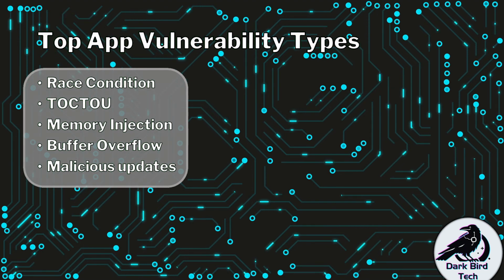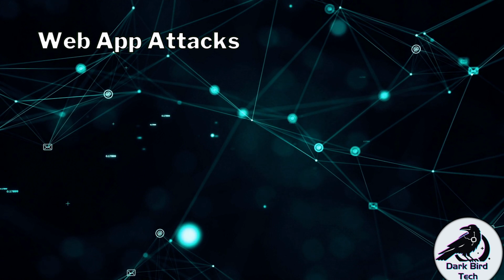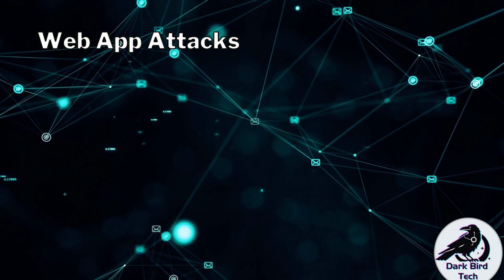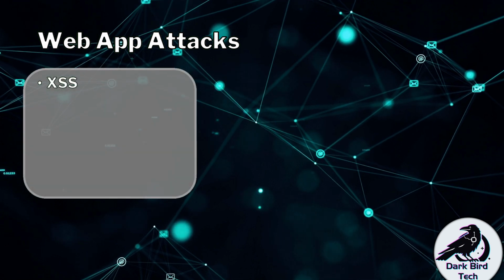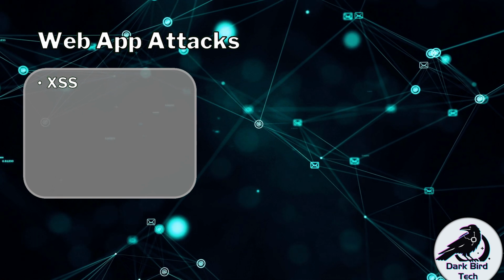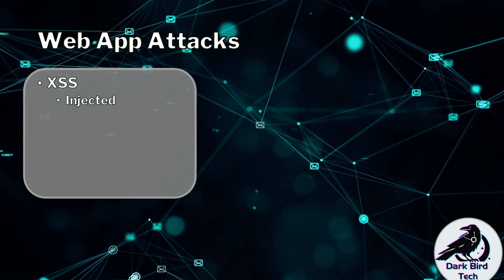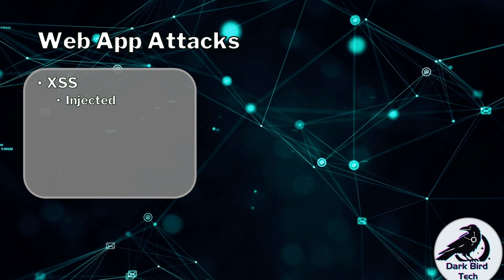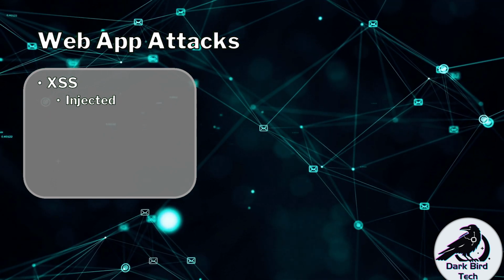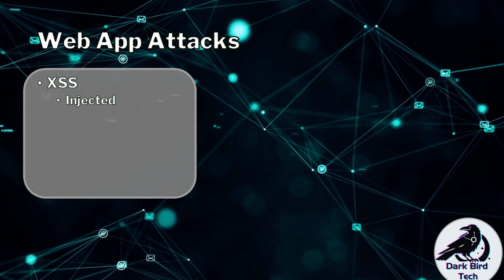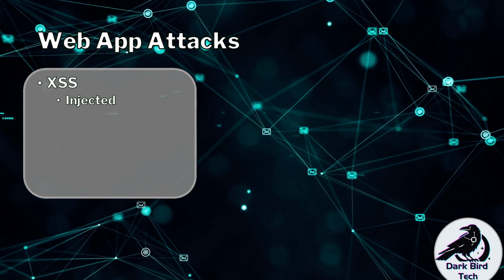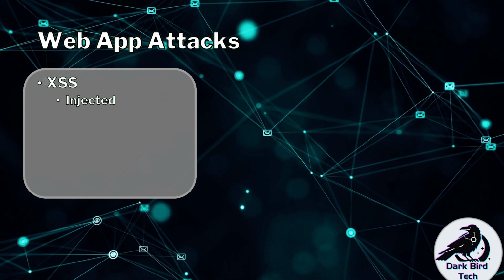But this is just general applications. What about web apps and the attacks that can go on them? Some of the popular types of web app attacks are cross-site scripting attacks. Now, there are a couple big ones that you want to be aware of. An injection attack. So what happens with an injection is the attacker compromises the web server and adds their malicious code to the website itself, and then anybody who receives that web page or application embedded in that web page receives the malicious code.